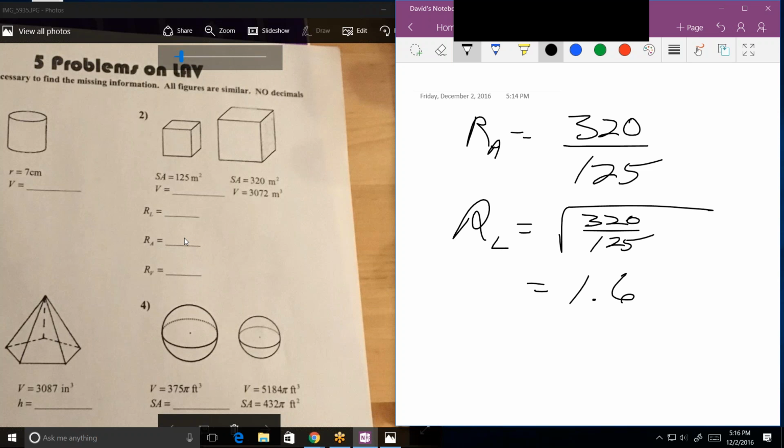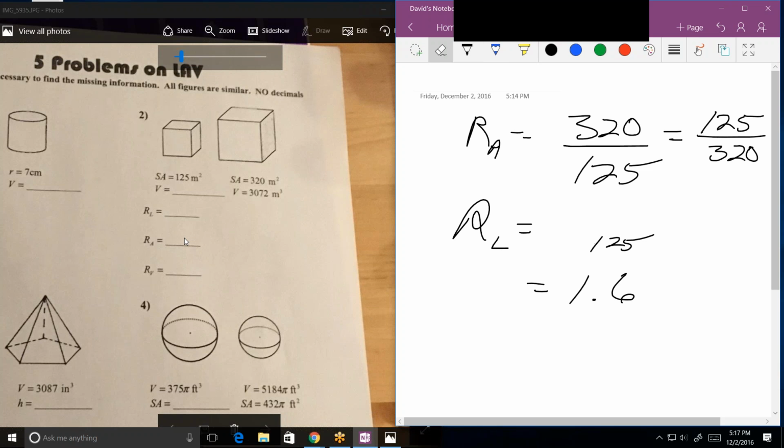You with me? Now here's why I like big to little as opposed to little to big. If I list the area ratio as little to big, it's just as valid, but then you end up taking the square root of a number less than 1.